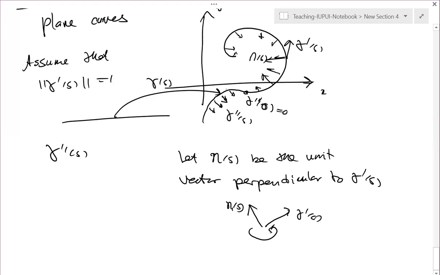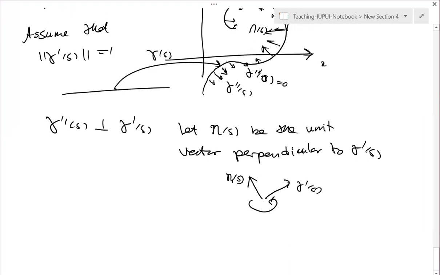On the other hand, the second derivative is perpendicular to gamma prime, so you can express it in the form of a multiple of the normal vector.